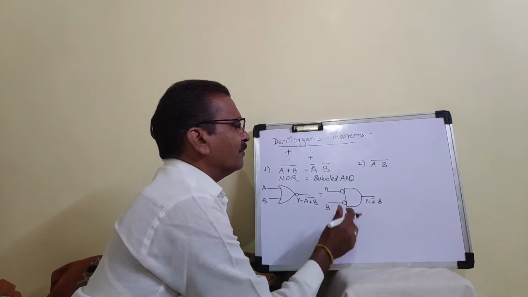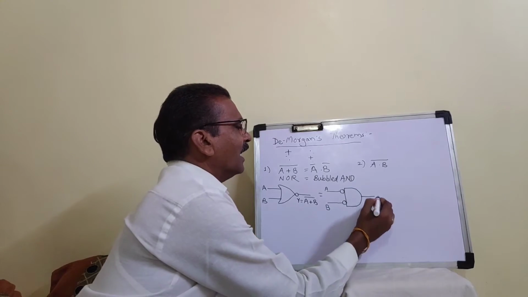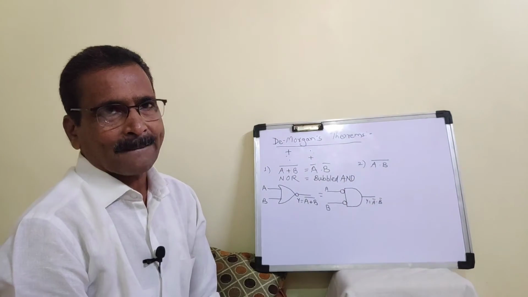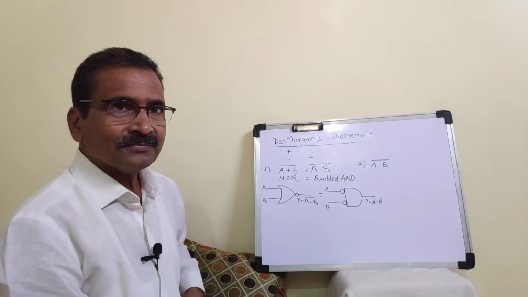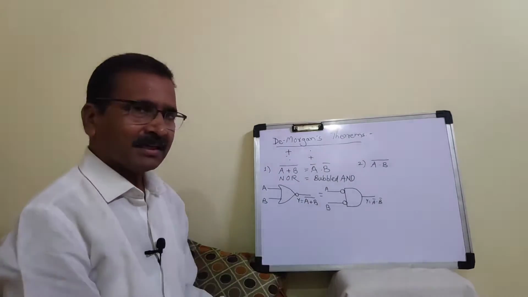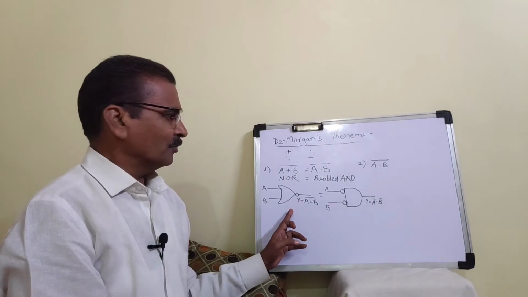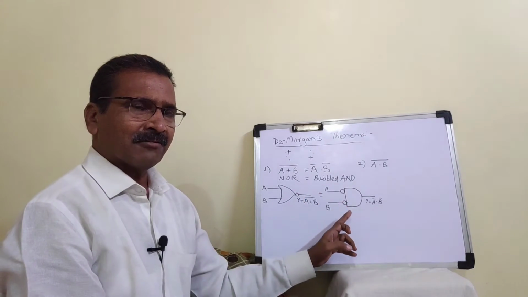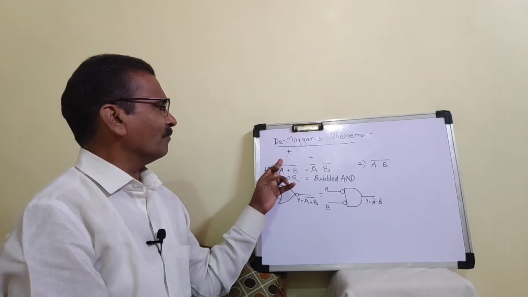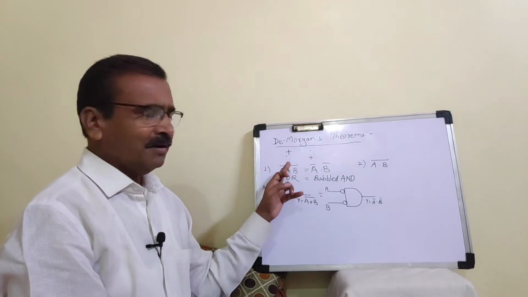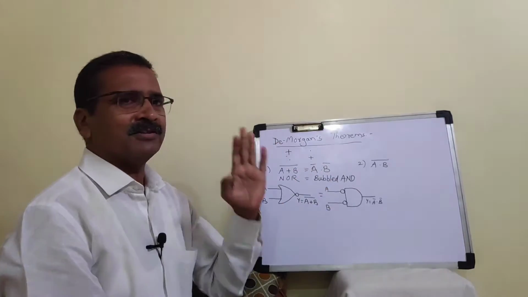Output will be A complement dot B complement, and due to this AND gate we have the dot. So with this theorem, we can say that NOR gate is equivalent to bubbled AND gate, or complement of sum is equal to the product of the individual complements.